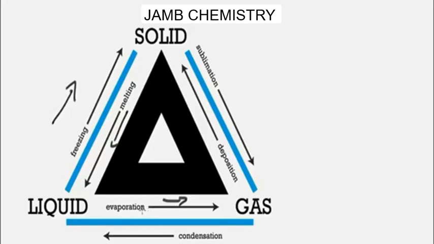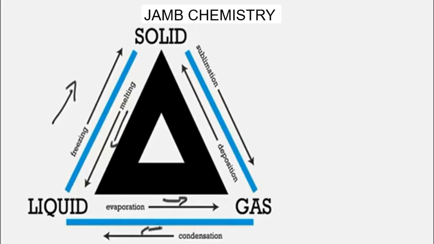Or when the temperature of the atmosphere is high and there is some water logged outside, you see the water will begin to disappear in form of vapor. We call it evaporation.